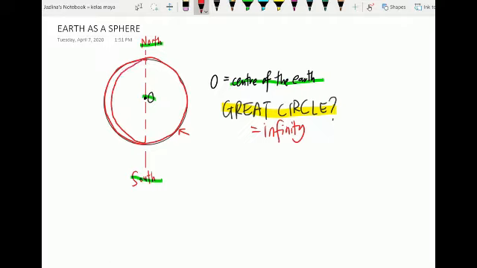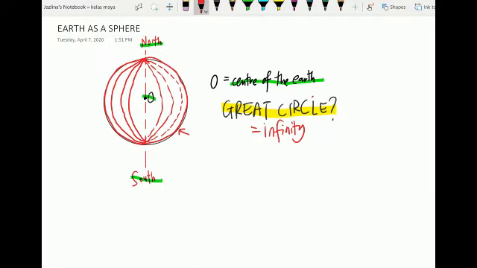Then this one I write like this, a dotted line, means it cannot be seen, it is hidden. It might be here also, passing through the north and south, and going back to the south.